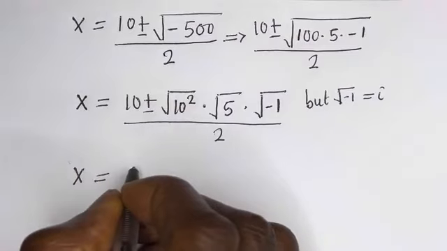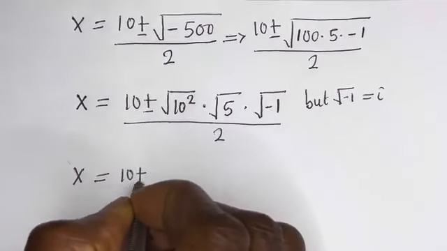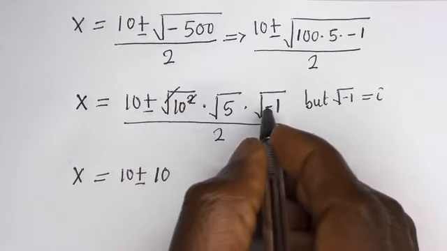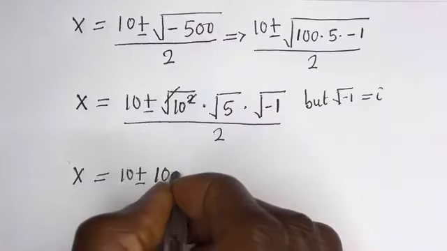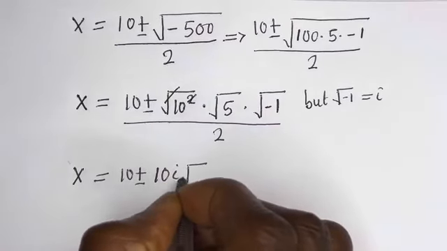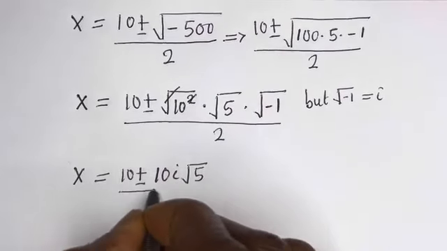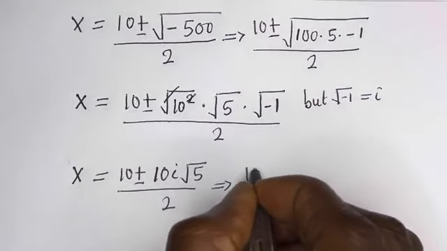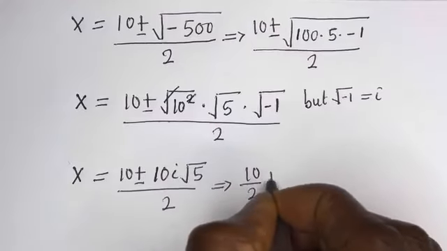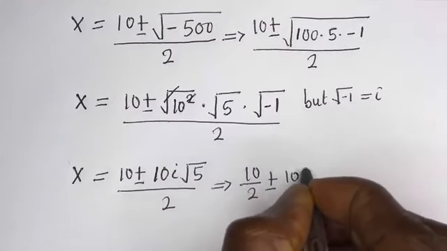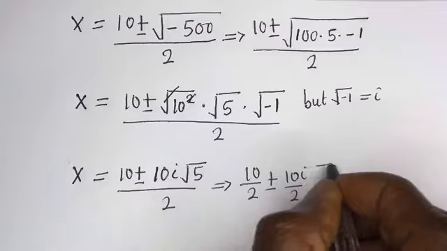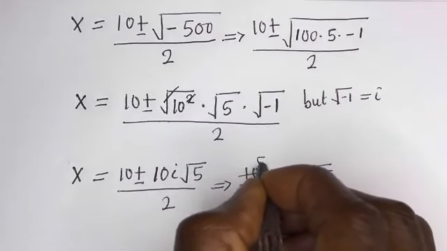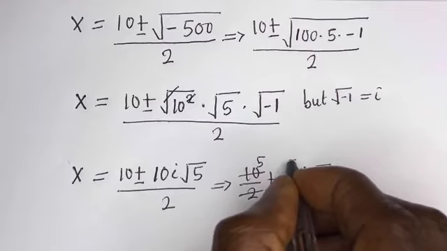So s is equal to 10 plus or minus 10i square root of 5 over 2, and this is the same thing as 10 over 2 plus or minus 10i over 2 square root of 5. 2 here, 1; 2 here, 5.